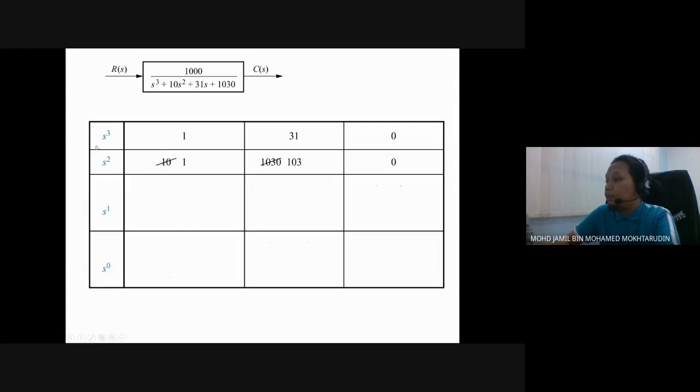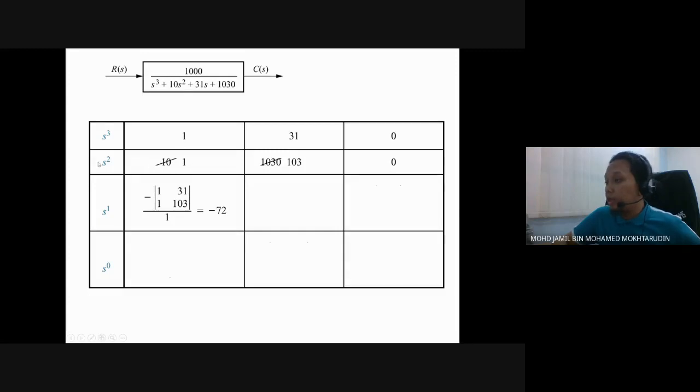After you fill the first two rows, then you can determine s1 by using the determinant. First, you need to determine the values that you want to put in the determinant. So you put the value 1 and 1 here, 31 and 103 divided by 1.